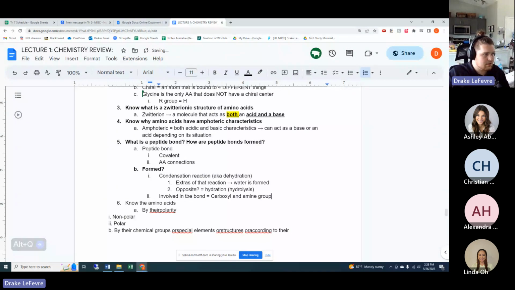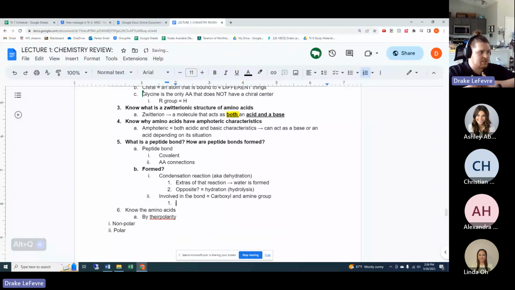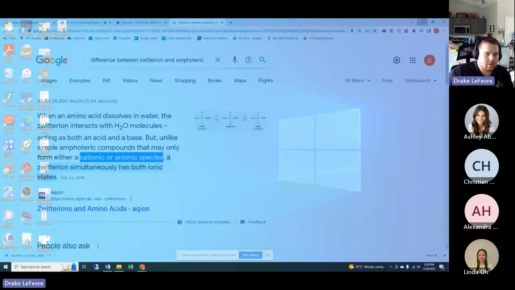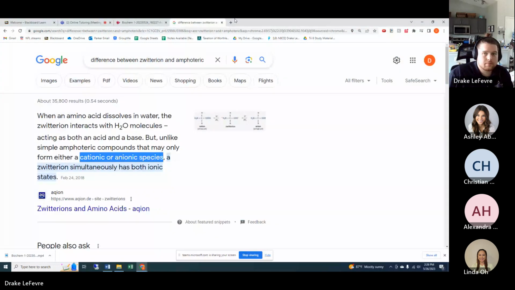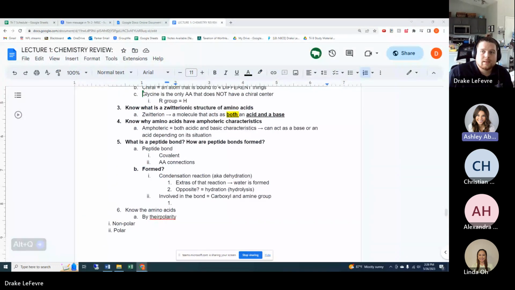Awesome. So when we string a whole bunch of these peptide bonds together, we get a primary structure. What do we call the primary structure? A sequence of amino acids. Correct. There's another name for it though.